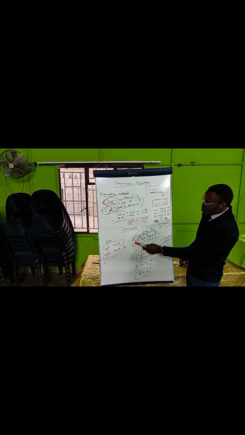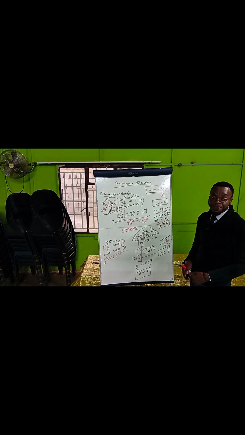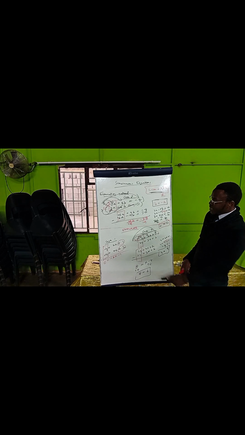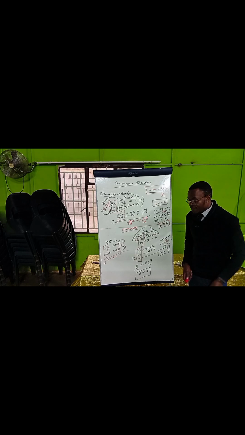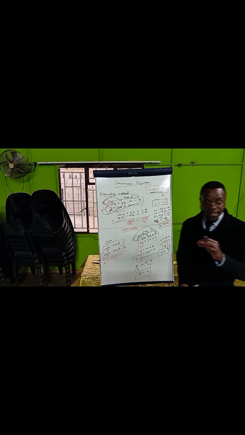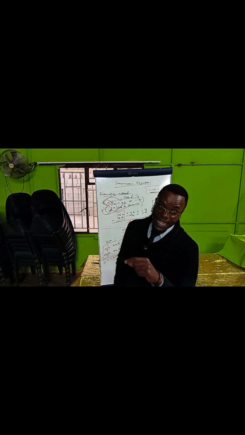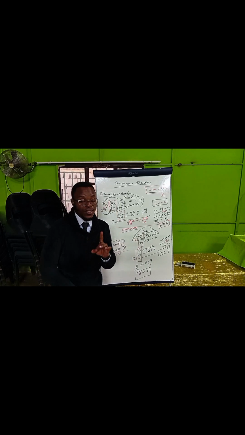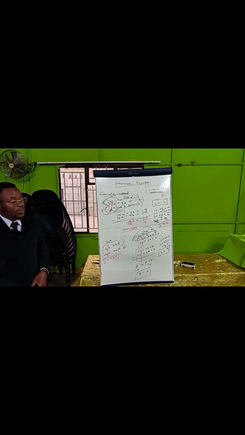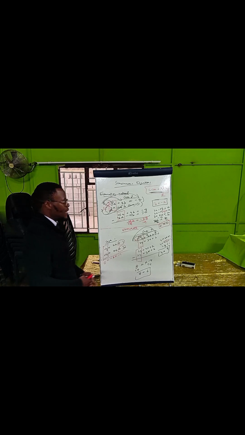But in case 2, you'll notice that you could have used substitution. In a case where you have a subject of the formula, and that subject has a coefficient of 1, you should always consider substitution. That would be the easiest way of getting the answer.